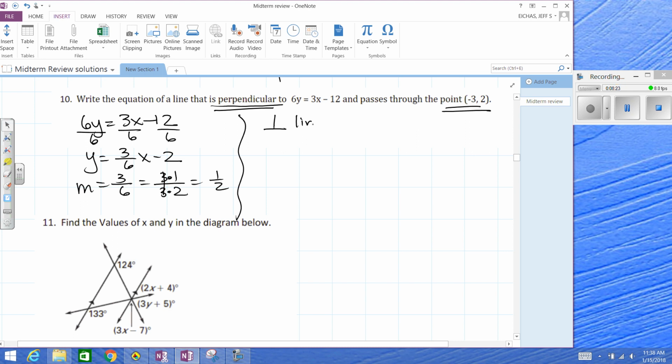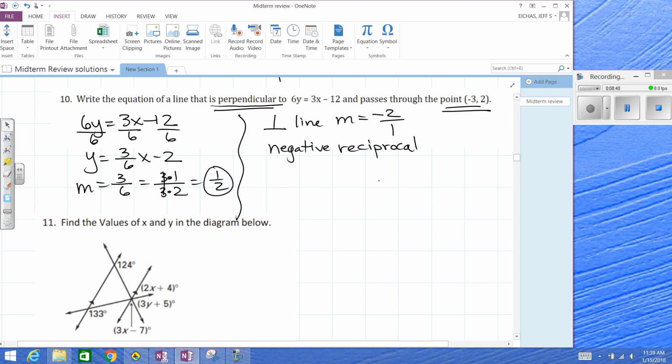Now we need a perpendicular line. So a perpendicular line will have a slope that is negative 2 over 1. What I did was I took the fraction, I flipped it for the reciprocal part, and changed the sign for the negative part. Make sure we're saying negative reciprocal though. We're not saying opposite reciprocal or anything like that. It's got to be negative reciprocal.